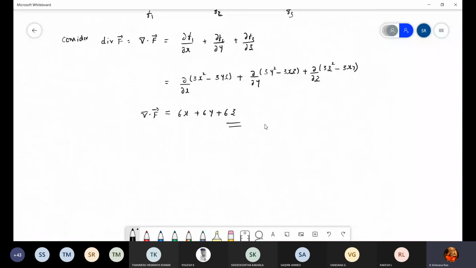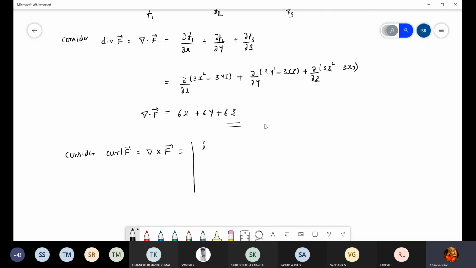So again, consider curl f. This is our question. Curl f can also be denoted as del cross f. Now that is equal to the determinant.